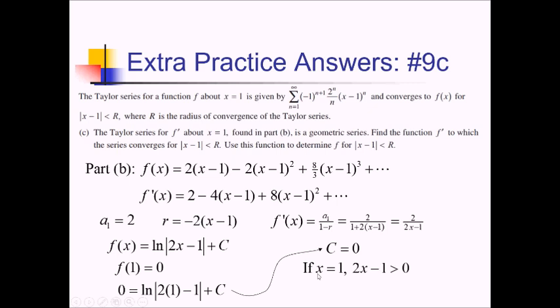So that means that I can replace this absolute value, which is already going to come out positive, with just a regular parentheses. I don't have to negate everything inside. So for my final function then, I can just write f of x equals ln parentheses 2x minus 1 plus 0, but I'm not going to bother writing plus 0, so just ln of 2x minus 1 then.